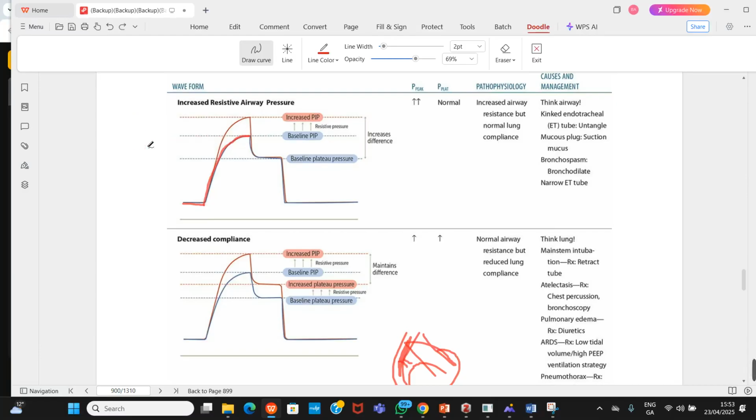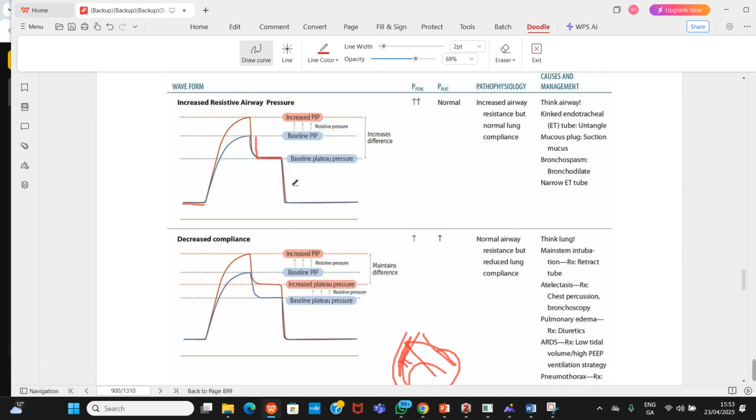So, this is a baseline PEEP. We deliver inspiration, it takes in here, and it rises. So this is the baseline PEEP. Now, at this point, they deliver inspiratory hold.